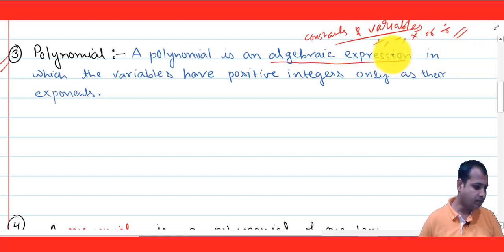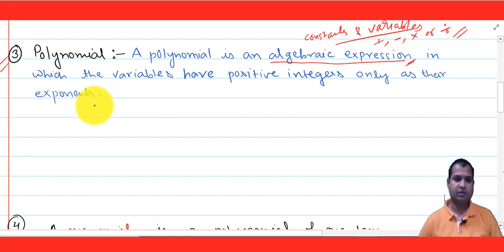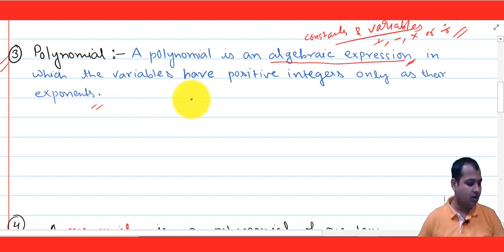Okay, so a polynomial is algebraic expression in which variables have positive integers only as their exponents. Okay, now let us take few examples.